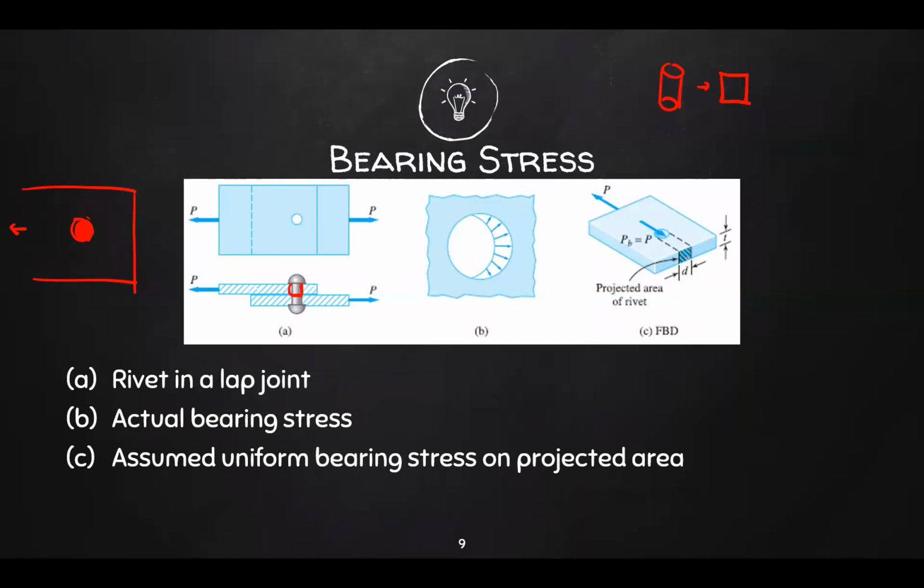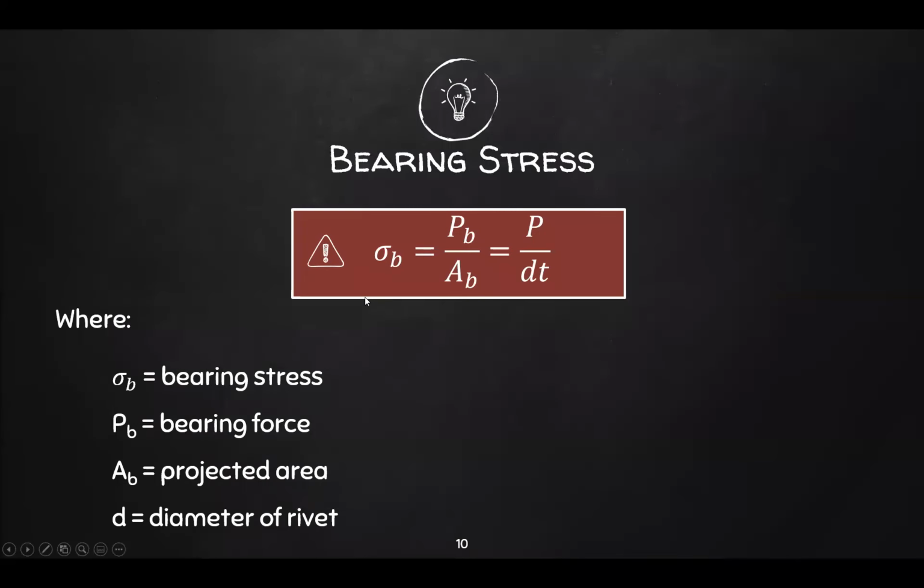So now the bearing area, or the area carrying the bearing stress, is assumed to be the thickness of the plate multiplied by the diameter of your rivet, or diameter of your hole rather. Once again, even though the actual thing happening is different, we're going to use this assumption in our solution. Now the equation is similar to our general equation, sigma equals P over A. Here, it's sigma sub B for bearing stress equals P sub B, your bearing force, over A sub B, your projected area.